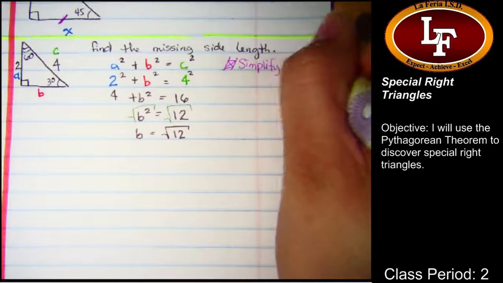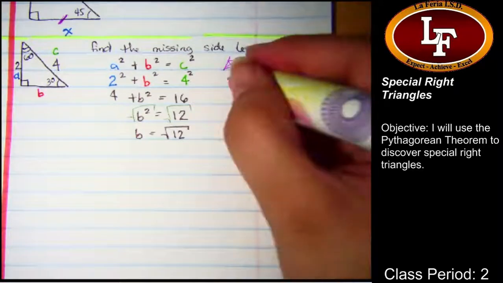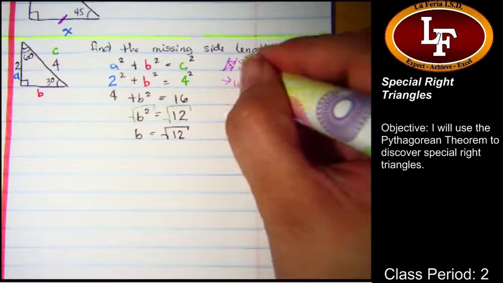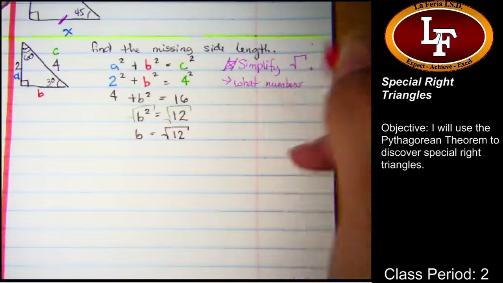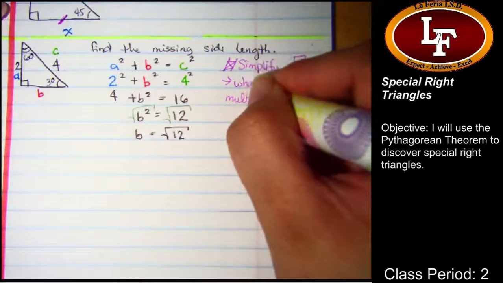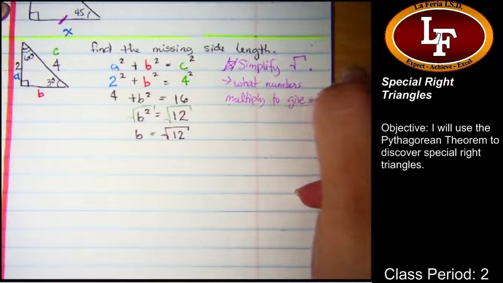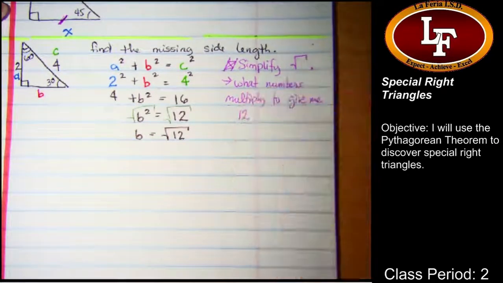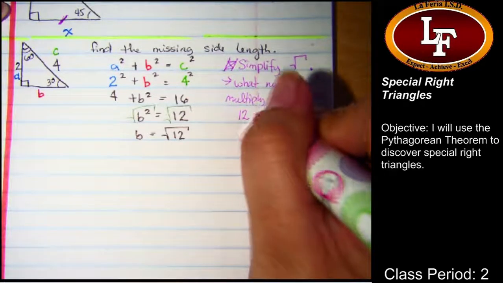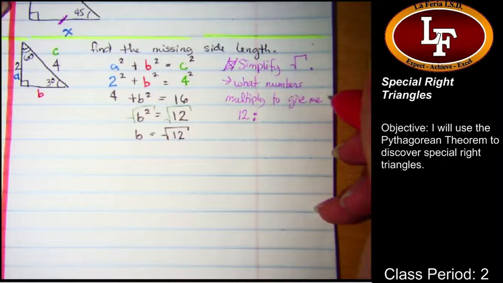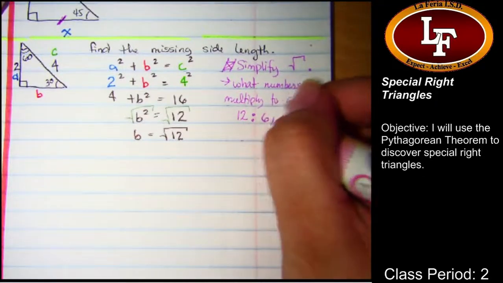Simplify the radical. The first step to simplify the radical is to ask yourself what numbers multiply to give me 12. What are the factors of 12? Give me some factor pairs. 6 and 2.